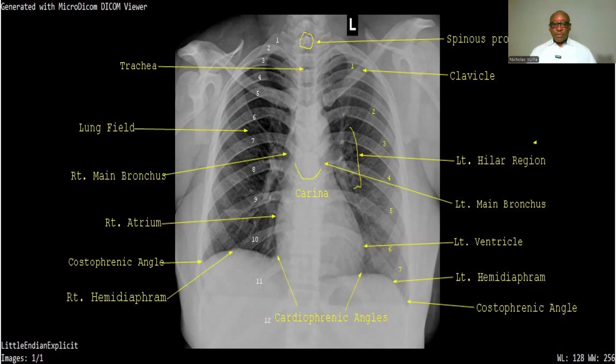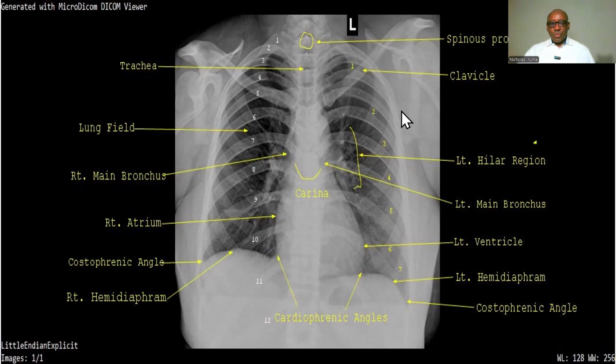So every other structure will have different shades of gray and could be closer to lucency or closer to opacity. And as we go on, we'll be able to appreciate that.